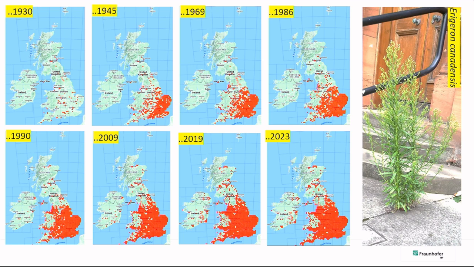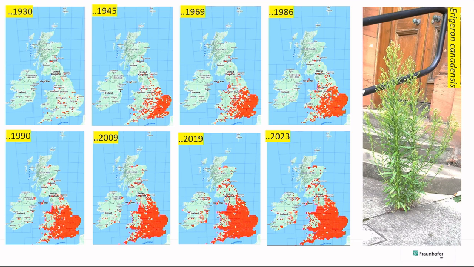But if you look at where it has expanded its range, it's not expanded very much in Edinburgh until recent decades, and then it has. And it's also increased its range up here around Elgin. But look, it's actually a very, very common weed now over much of England and a good deal of Wales.